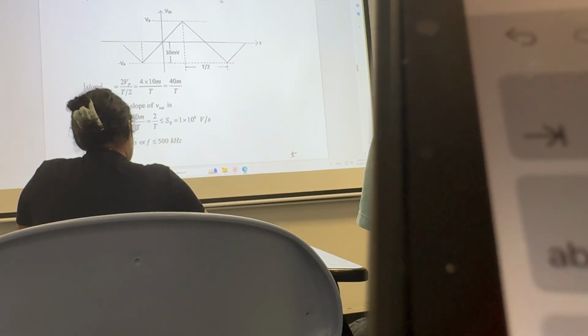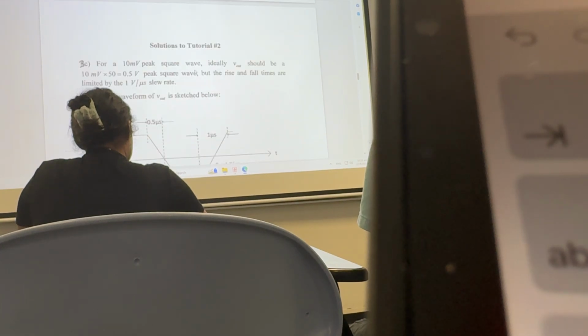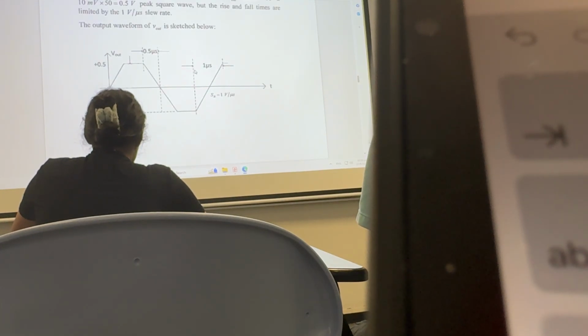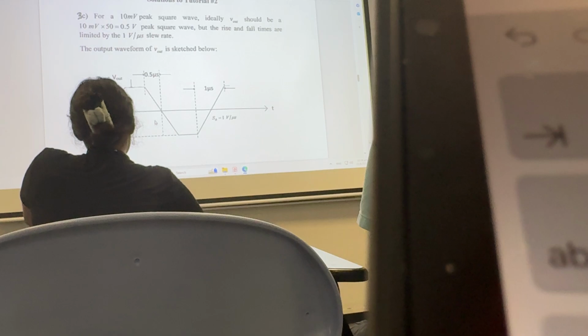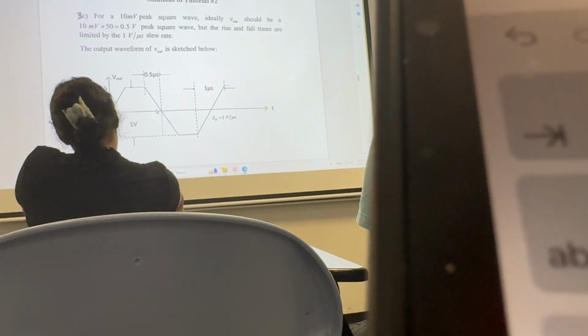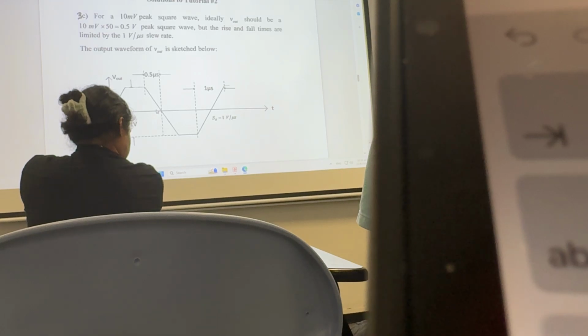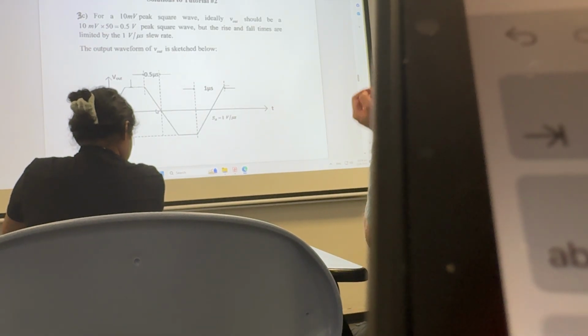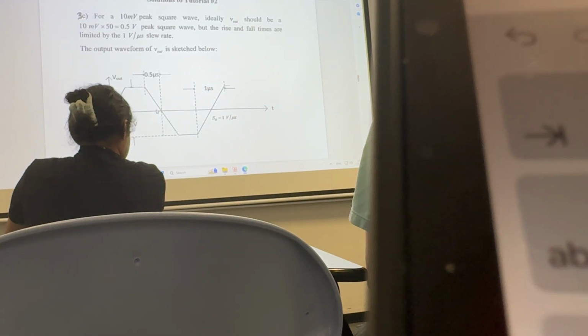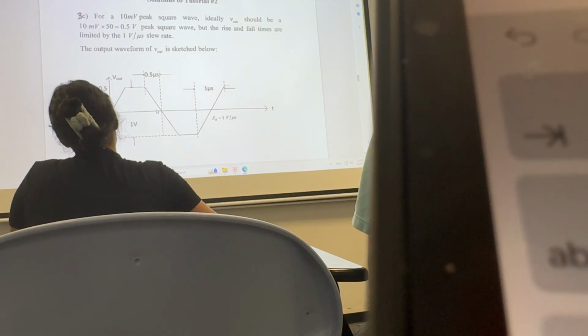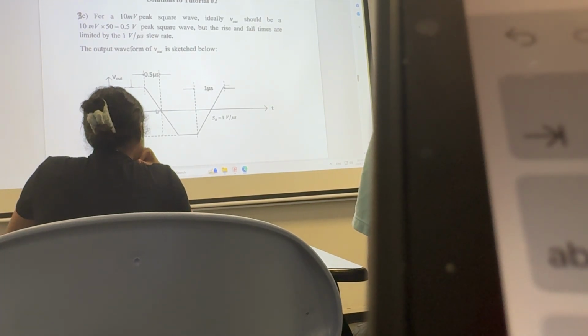Okay, the last part is a square wave. So the square wave, right? The square wave input is like a pulse, right? 90 degree, go high.